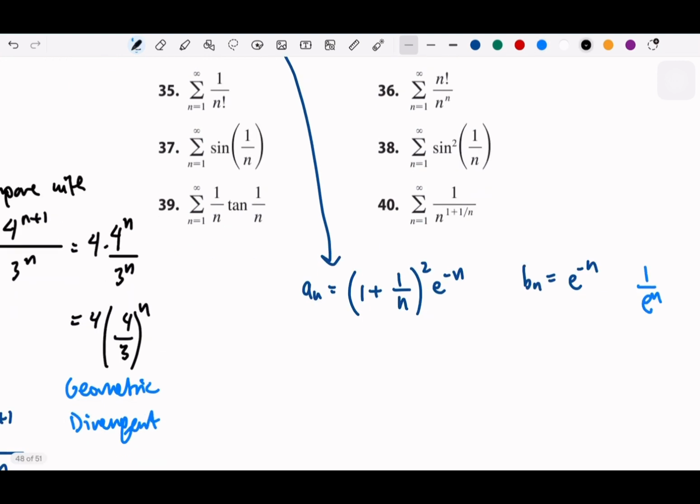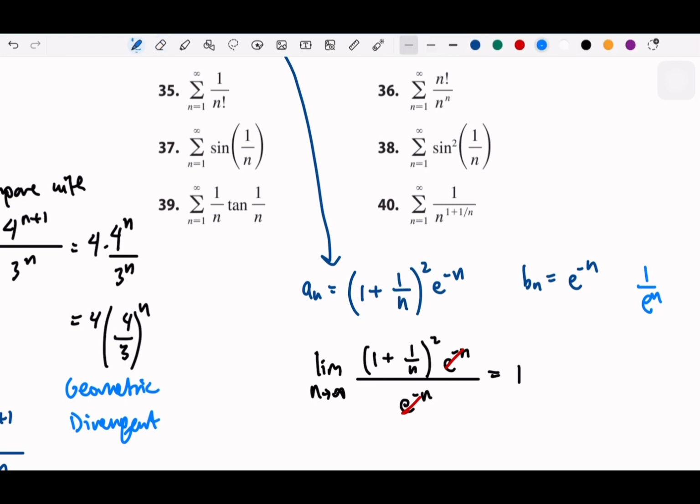And then I can take the limit for the limit comparison test. And of course, we can cancel this.